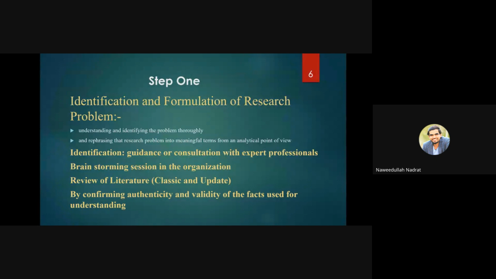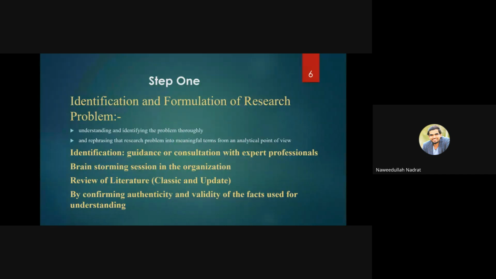When you talk about government organizations or international organizations like CARE, UNICEF, UNHCR, in those organizations your administrative head basically guides you on what key variables are supposed to be covered in this particular research.